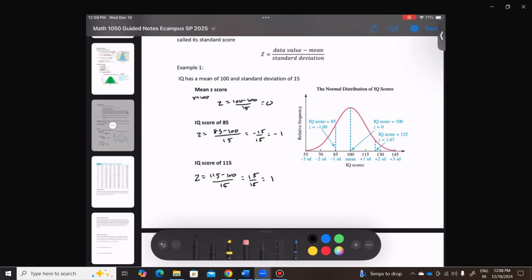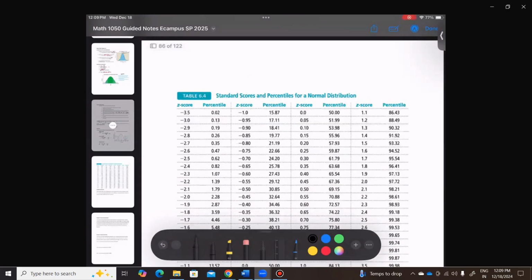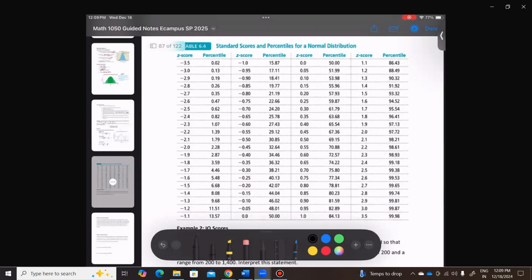Okay. For each of these z-scores, we link a percentile to them based on the normal distribution, how it falls ideally. Right, and so we have a table where a z-score of 0 has a percentile of 50%.